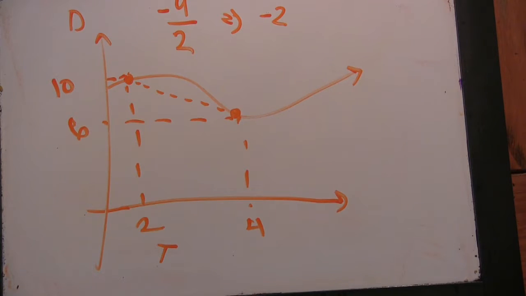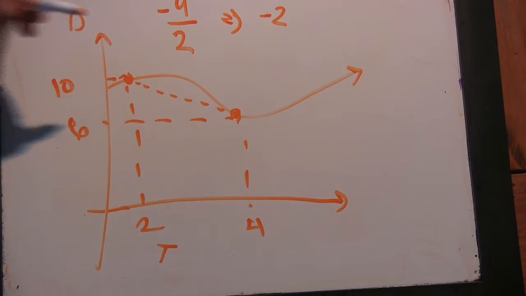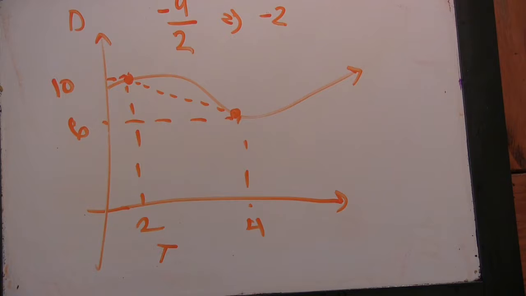Now, does that tell me anything about the instantaneous velocities? No, not yet. Because if you look at the middle, you're not going 2 units back in 1 second. Okay. So then you have to get closer.